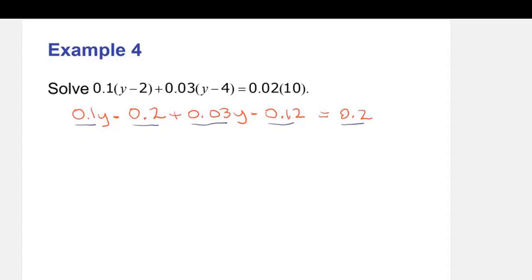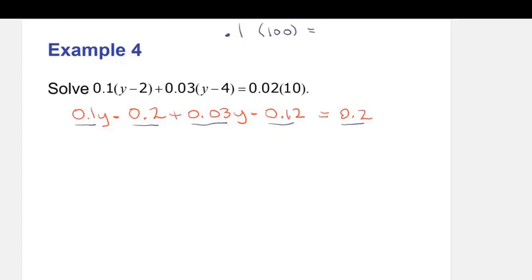Since the smallest placeholder that I have is in the hundredths place, which means I have two numbers after the decimal, what I want to do is multiply both sides by 100. If I multiply both sides by 100, then every time I multiply by 10, I move the decimal one place to the right.